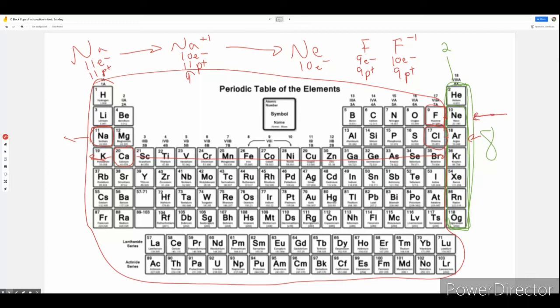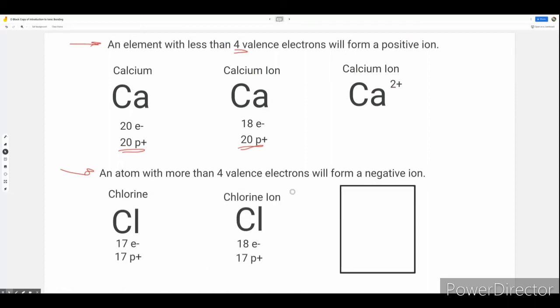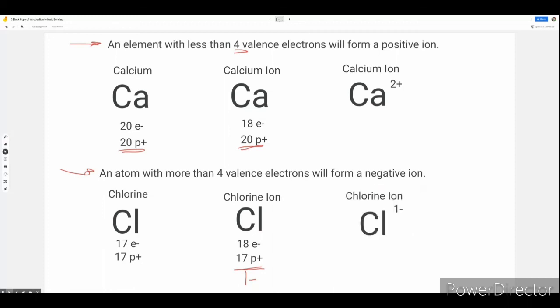But it's a lot closer to argon than neon, so it's easier to go up 1 spot than down 7, which means chlorine is going to tend to accept an electron and go from 17 to 18. 18 electrons and 17 protons, that's -1 total. So the chlorine ion is going to end up with a charge of -1.